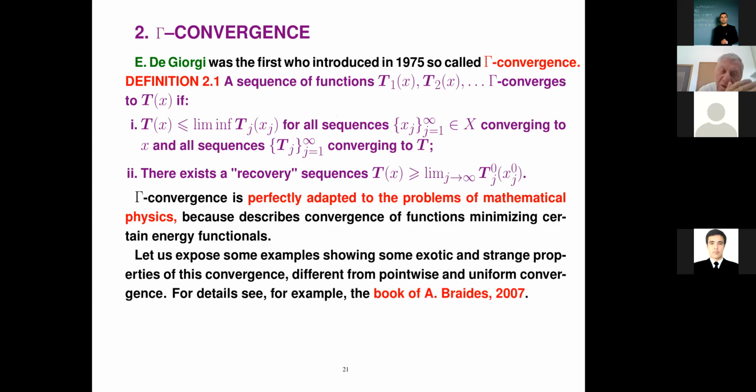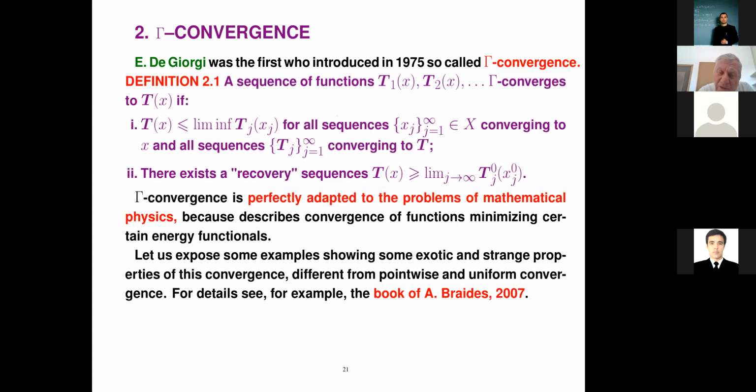This was one tool. Another tool is the gamma convergence. What is the gamma convergence? When you have some sequence of functions, the gamma limit satisfies the following conditions.